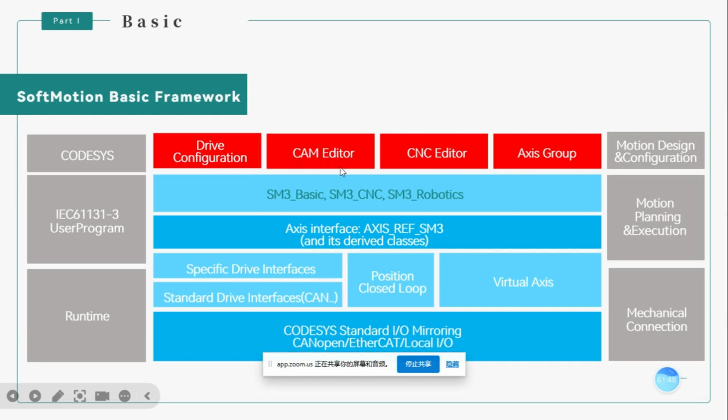This is for modifying the CAM table. So we can draw the table in this CAM editor, and the CNC and the axis group. This part is for something like the robot arm.